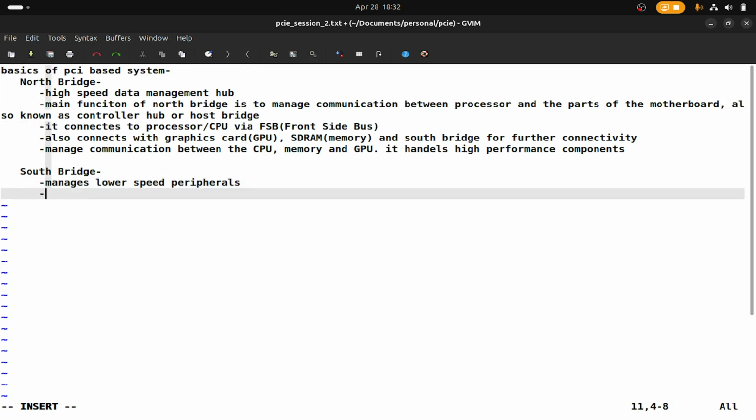Next point is the main function of South Bridge is to control the IO functions.